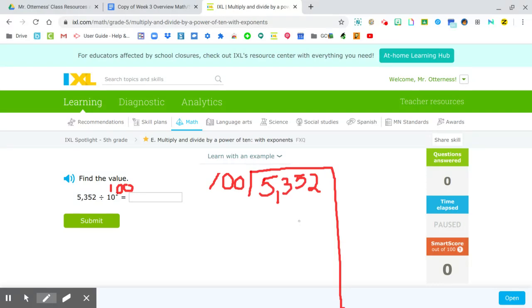You can have one group of 100, but the chunks that are being taken out are going to be no less than 100, right? So imagine there's this big old bowl of 5,352 jelly beans, and we've got a number of scoops of sorts, right? And they're all multiples of 10.